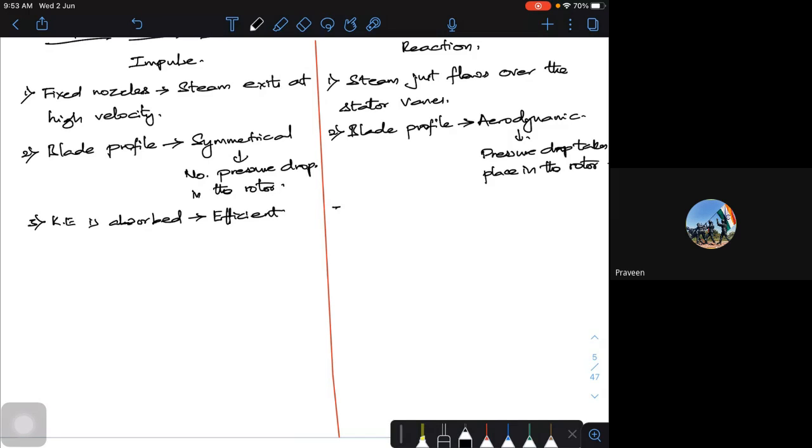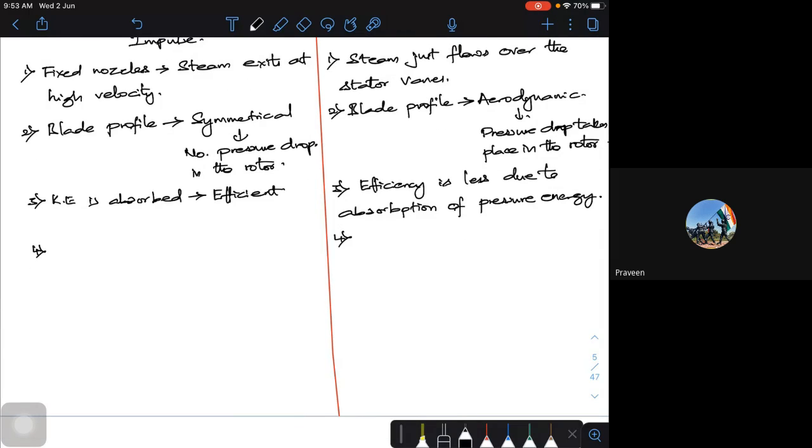Comparatively, in the case of the reaction turbine, efficiency is less due to the absorption of only pressure energy.